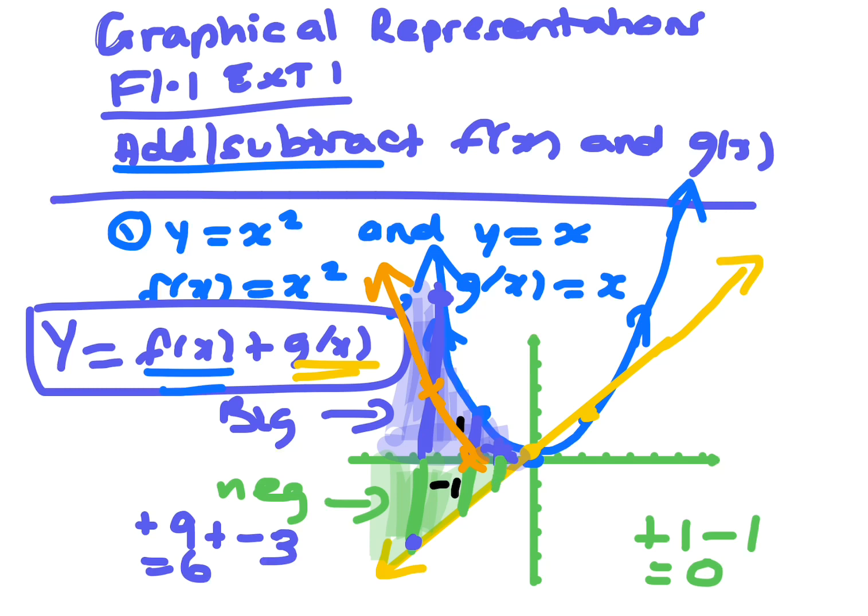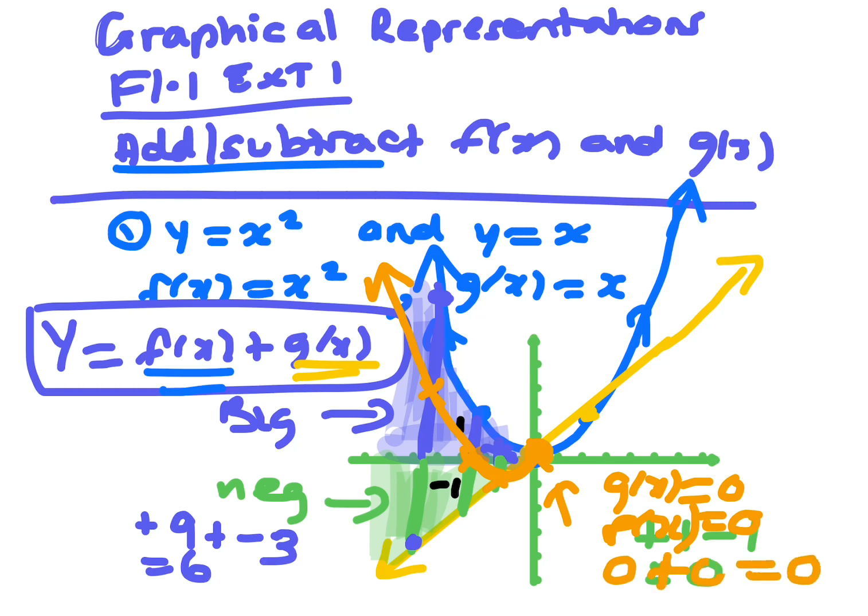I think the line is a bit bigger, so it's coming down here, but there is a point as you go up where the purple and the green will meet. The two graphs will meet, and that will be where g of x equals 0 and f of x equals 0. So when you add the two zeros together, you end up with 0. That's why it's cutting right there, and just a little dot there in black on the x-axis.